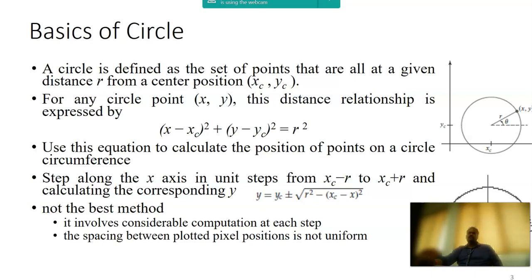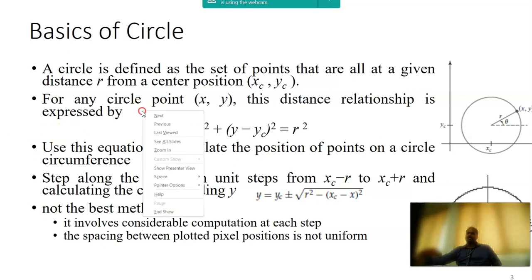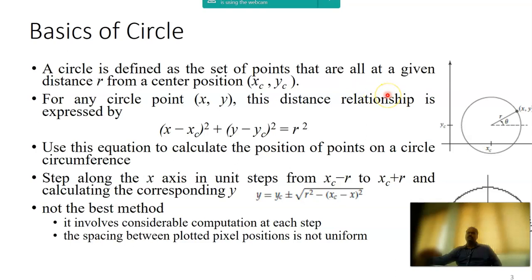A circle is defined as the set of points that are all at a given distance r from the center position xc, yc. The position may be 0, 0, or it may be at any point in the plane. So r is the radius of the circle.